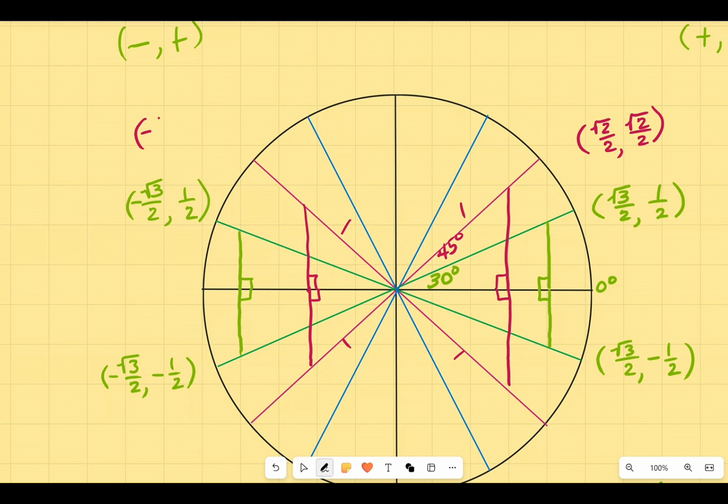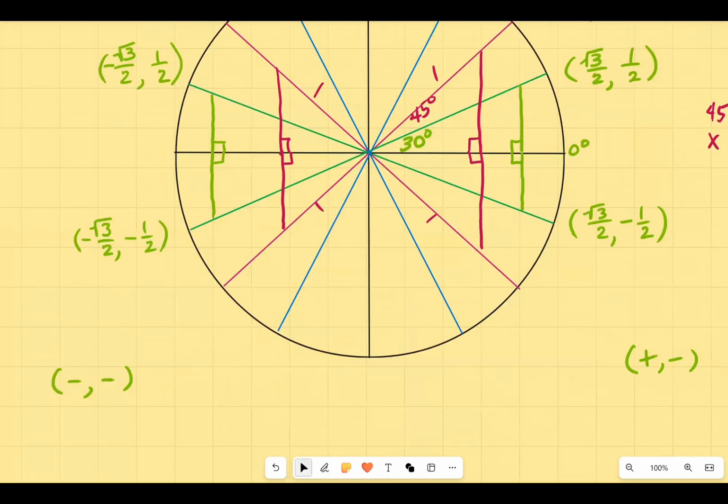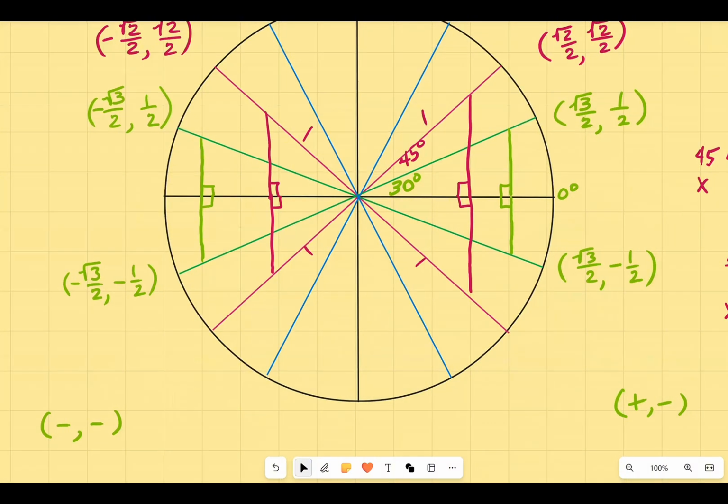So negative root 2 over 2, and then positive root 2 over 2. I take the same triangle and I flip it down to quadrant 4, and I have the same values, except the signs are different. So I have a positive root 2 over 2 and a negative root 2 over 2.